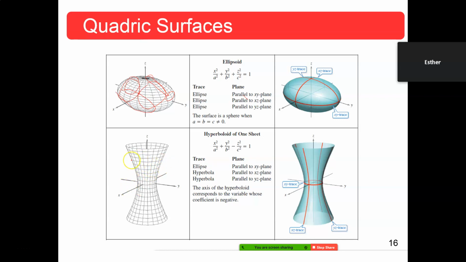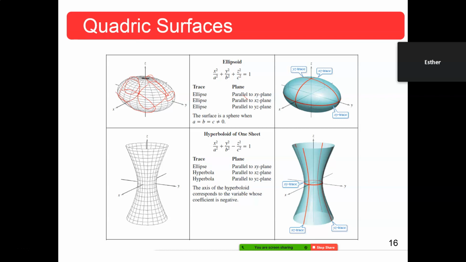The traces parallel to the XY plane, those would be ellipses, but perpendicular to the XY plane, whether it's YZ or XZ, those would be hyperbolas. That's with the one ratio that's negative, that's going to be your axis. So that's hyperboloid of one sheet.